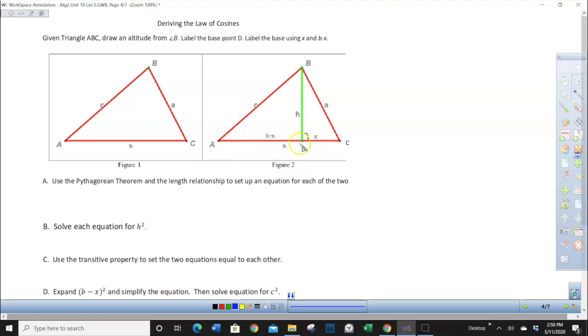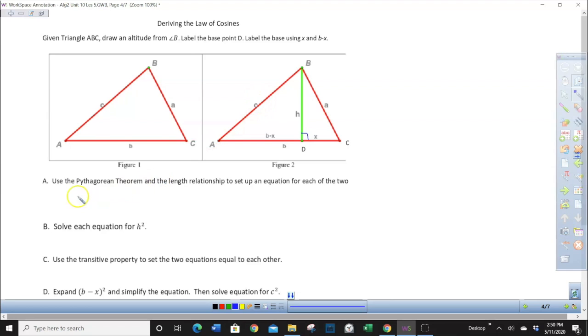Well, if this length from A to C is b, and we make from D to C x, that means from A to D is b minus x. So we want to use the Pythagorean theorem and the length relationship to set up an equation for each of these two triangles. Okay, so we have a leg and a hypotenuse.